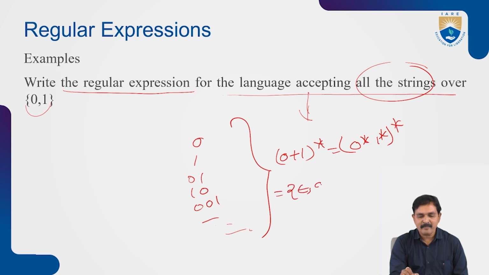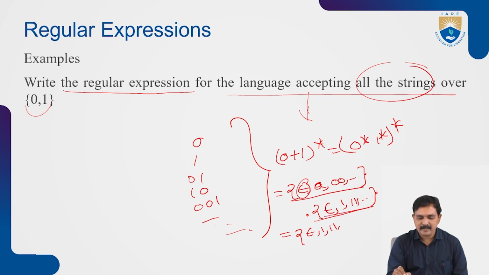You can derive it like this: a null value, 0, two zeros, and so on, and null value, 1, two ones, and so on. You can apply concatenation and we get all symbols.